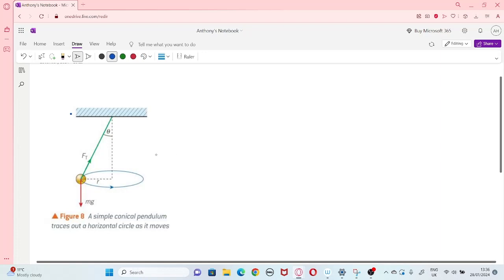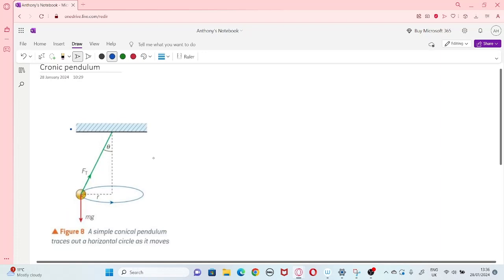Now moving on to conical pendulums. So this is a conical pendulum. It's basically when it's set up like this, and it's going in a horizontal circular path, but the string is not also in the horizontal path. So our tension will no longer be the resultant force, because as we know, the centripetal force acts towards the center.